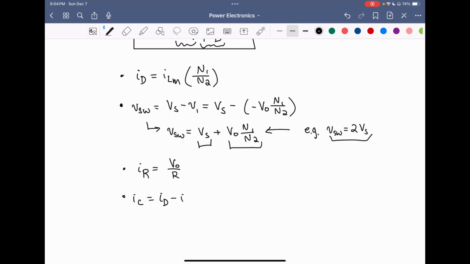It's ID minus IR, and we can plug in the expression for ID. So these are the other expressions for the voltages and currents in the circuit.